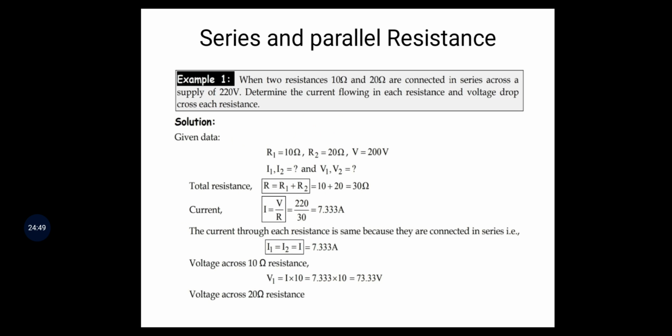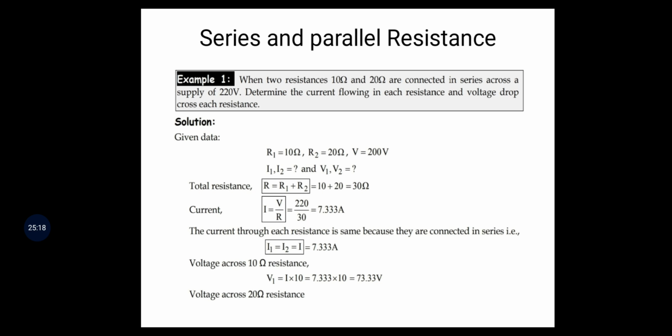Next we are discussing some problems on series and parallel resistance. Two resistances, 10 ohms and 20 ohms, are connected in series across a supply of 220 volts. Determine the current flowing in each resistance and the voltage drop across each resistance.